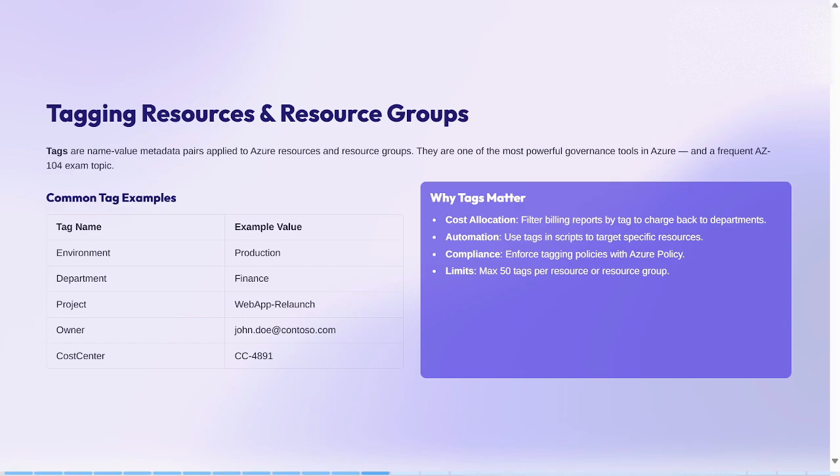An Azure resource or resource group can have a maximum of 50 tags. Tags do not automatically inherit from resource groups to resources. If you need consistent tagging, you have to use Azure Policy, automation, or deployment templates.